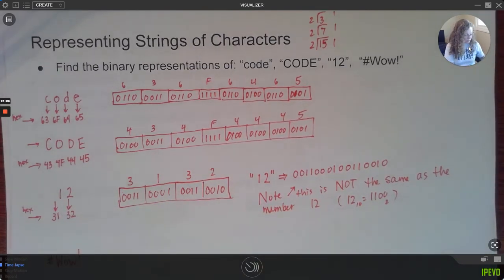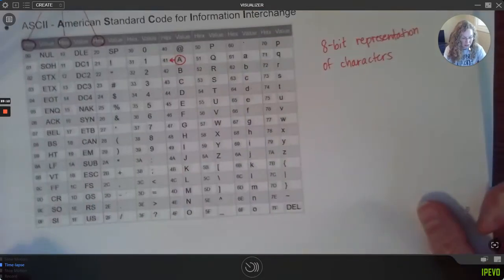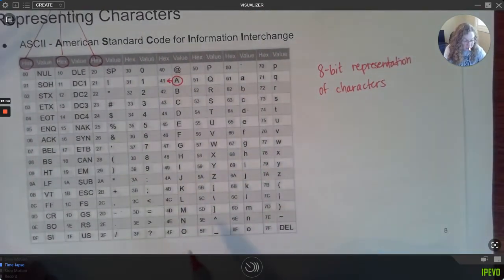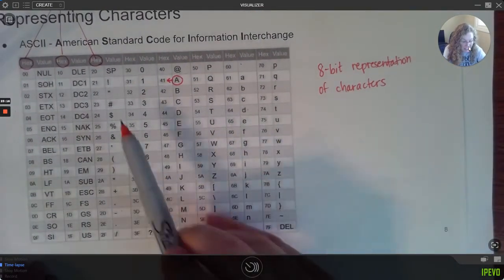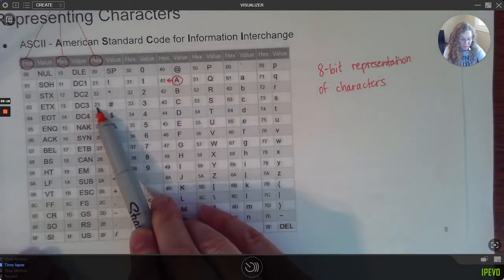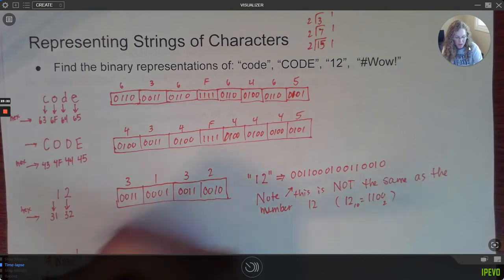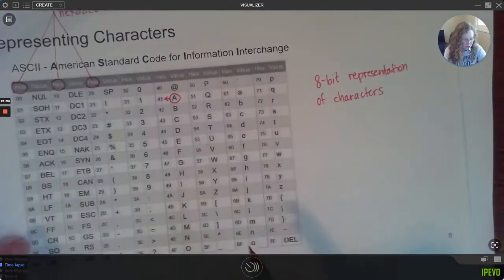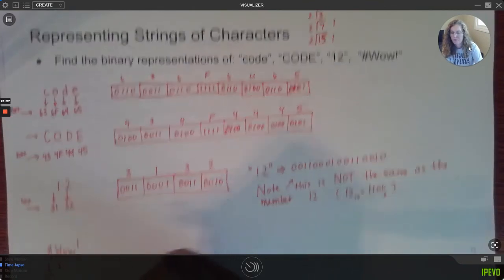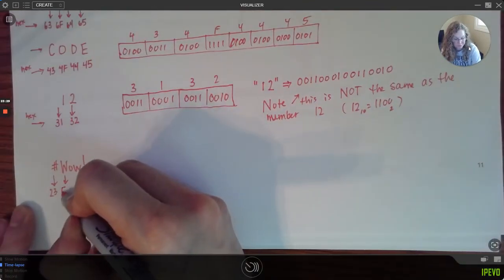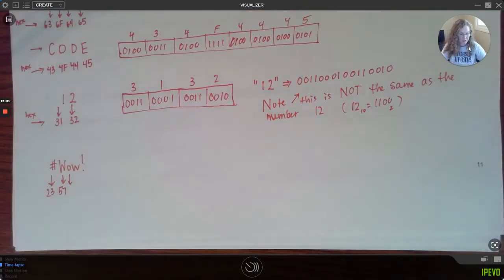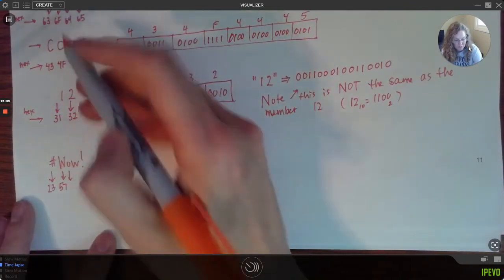Okay, so if we go to our table, the pound sign or hashtag is 23. The capital W is 57. The lowercase o, we've seen that before, that's 6F.